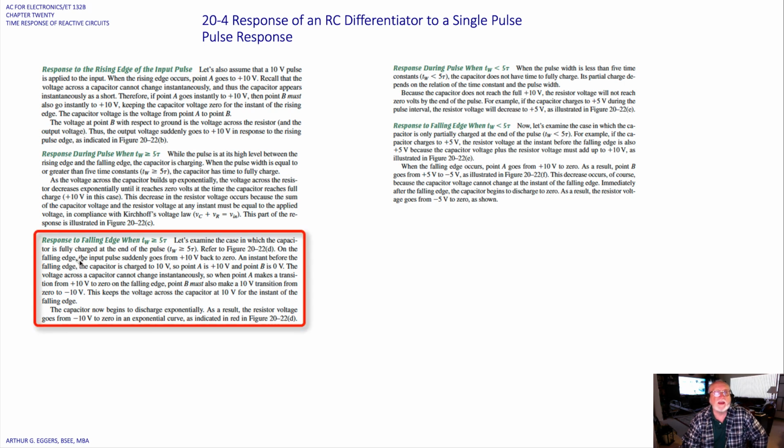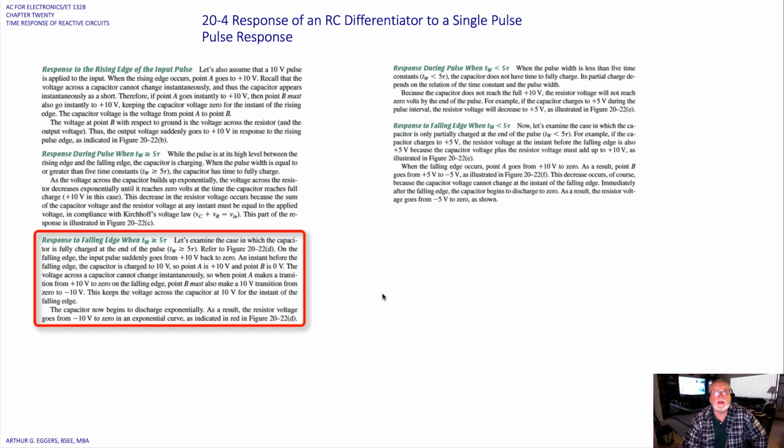On the falling edge, the input pulse suddenly goes from 10 volts back to 0. An instant before the falling edge, the capacitor is charged at its 10 volts. So point A is 10 volts. Point B is 0 volts. The voltage across the capacitor cannot change instantaneously.